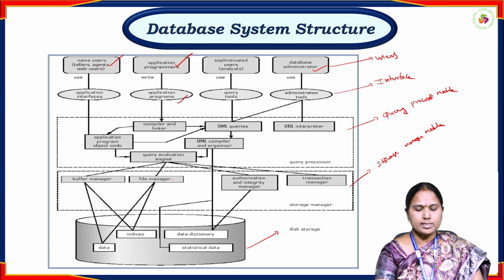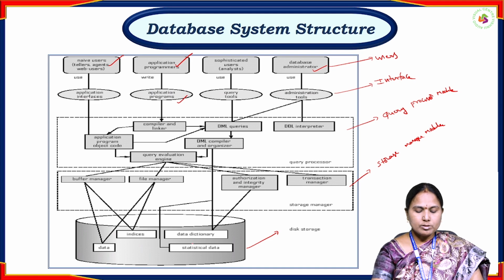The file manager says where that particular student table is located inside the disk. The buffer manager says at what location it can be located on the disk. The authorization and integrity manager says what accessing permissions exist for accessing the student database. The transaction manager says that whatever data you are asking for can be done through transaction management.